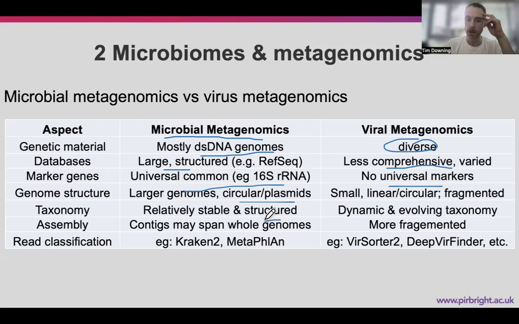The taxonomy is more clearly defined for bacteria in contrast to viruses because of their faster evolutionary rate. With bacterial genomes, you often get a whole contig, whereas with viral genomes, it's quite variable. The outcomes are very varied. And the classification approaches sometimes overlap, like we'll use Kraken2, but there are also tools developed particularly for viruses. So we can really see that approaches for bacterial metagenomics and viral metagenomics are different.